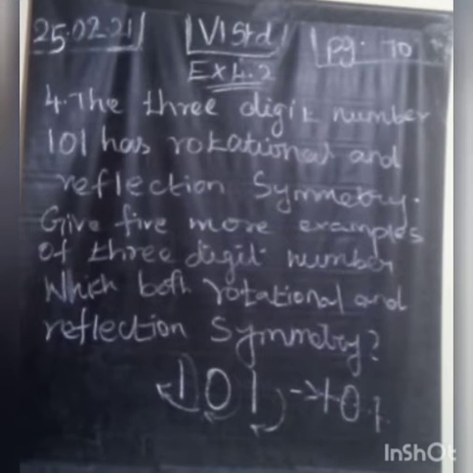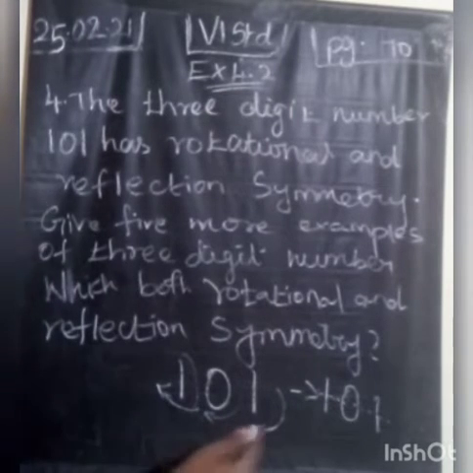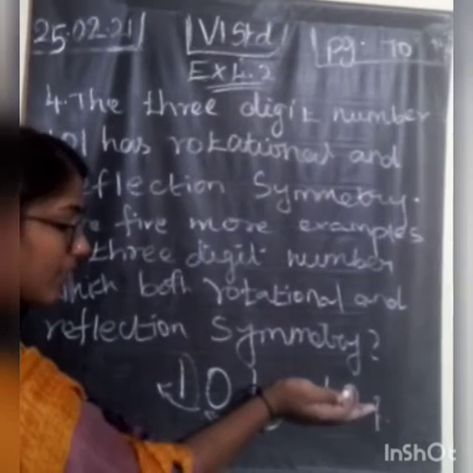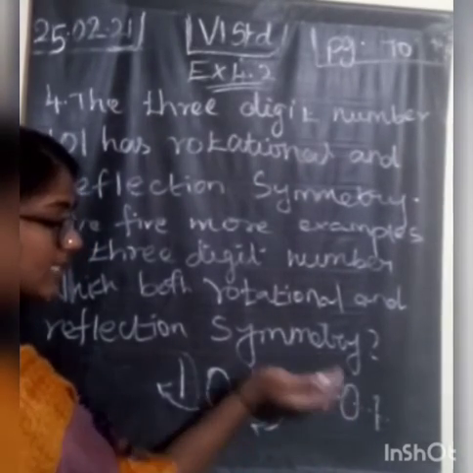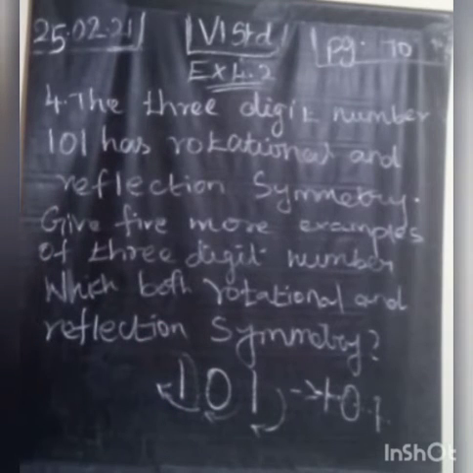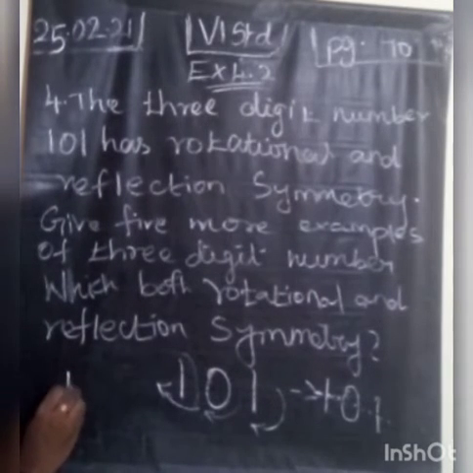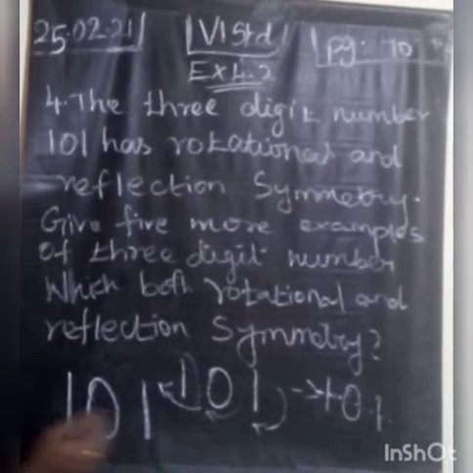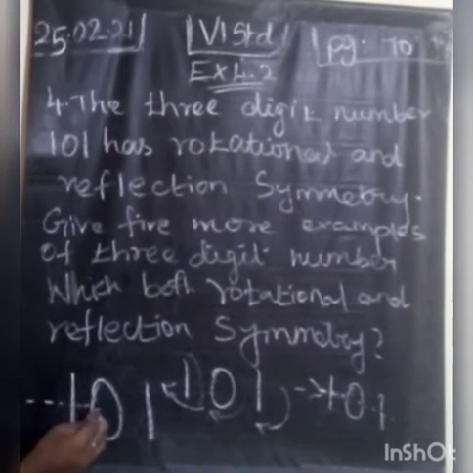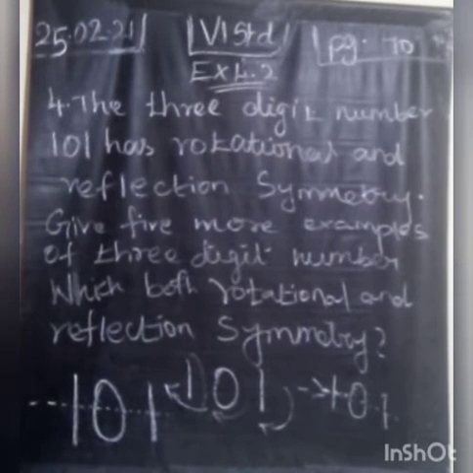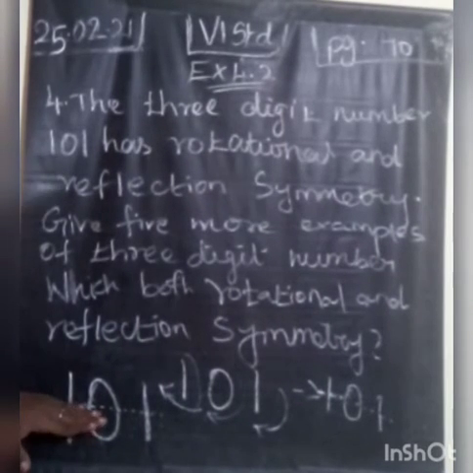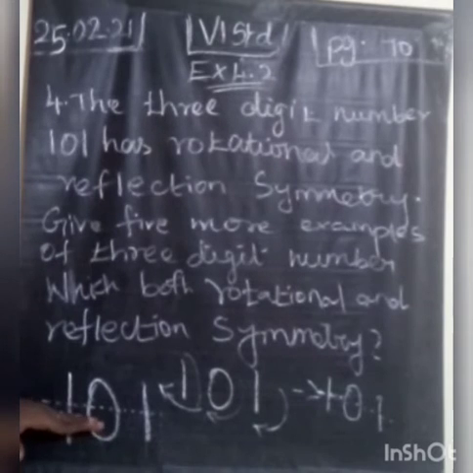When you keep a mirror along the line of symmetry, the other half of the figure gets reflected. So for 1, 0, 1, first draw the line of symmetry.